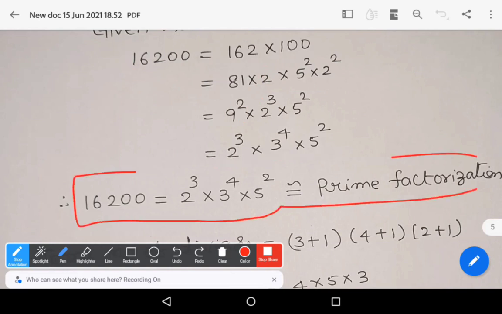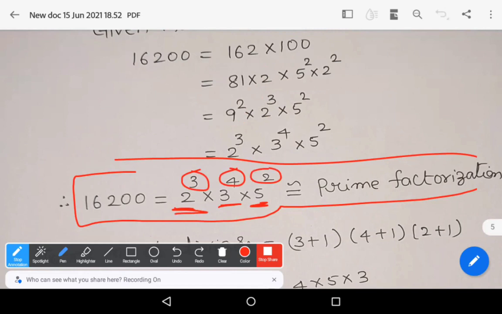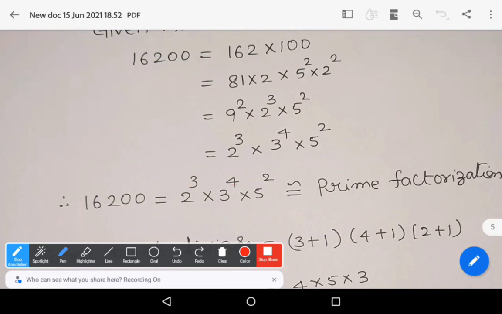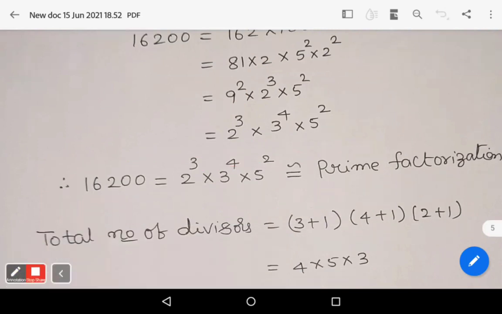16,200 can be factorized like this: 2 power 3, 3 power 4, 5 square. The bases are prime numbers, 2, 3, 5 are prime numbers, and the exponents are positive integers. This is known as prime factorization of the number. Now, first we find the total number of divisors.